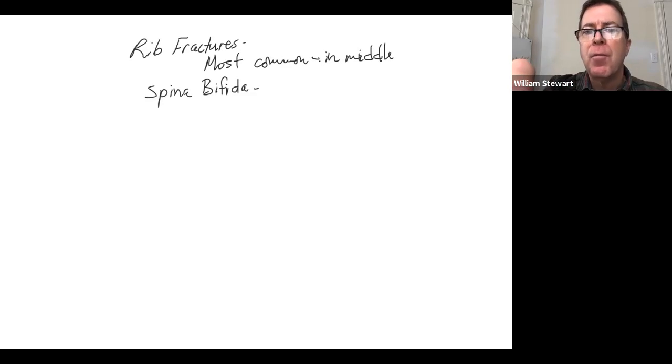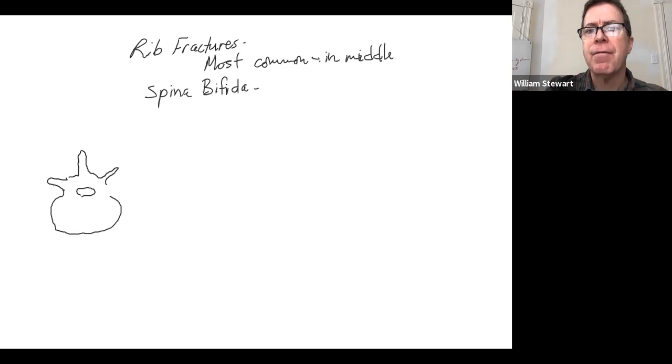A lumbar vertebra has a very huge, dense vertebral body like this, and a very, very small vertebral foramen because the spinal cord is so narrow down there. This is a normal lumbar vertebra. It's big, heavy, and dense because it has to bear a lot of weight.